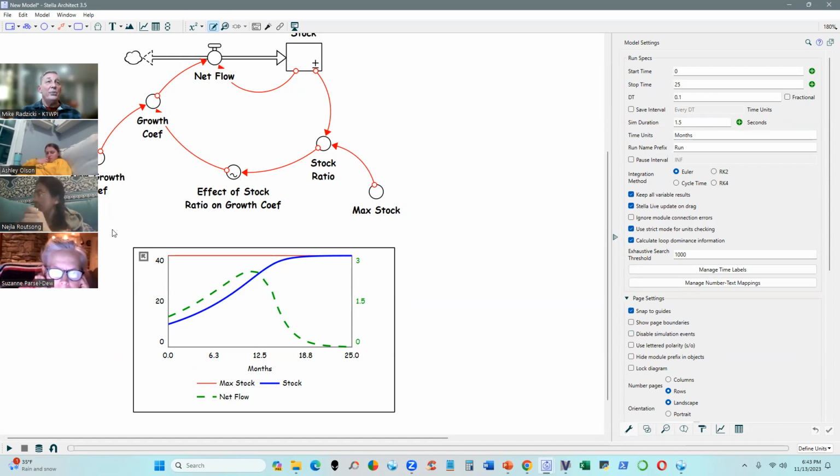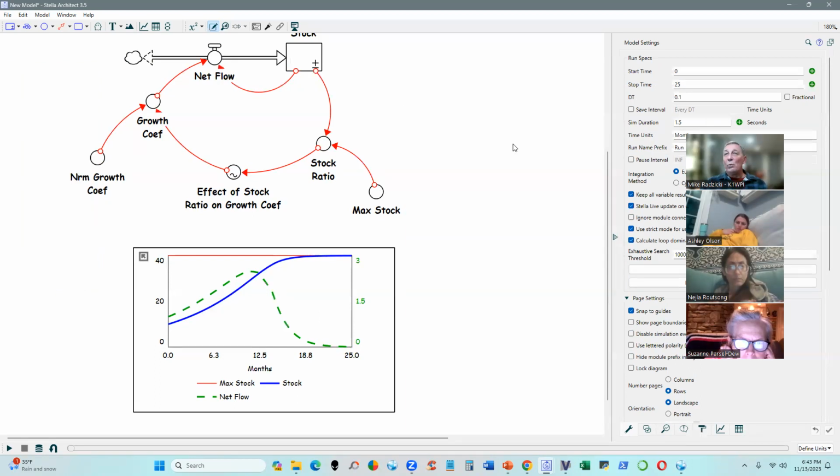Okay. Now, in this particular case, it's not terribly exciting. I mean, it's pretty straightforward what's happening here, right? But when you have a very complicated model and you're trying to understand why it's doing what it's doing, at least in terms of feedback loops, being able to diagnose where there are these abrupt shifts in feedback loop dominance is very important.